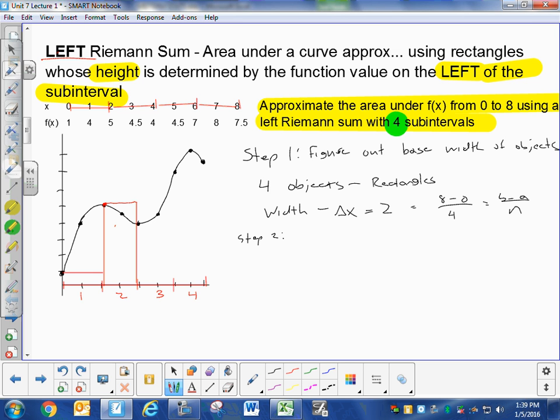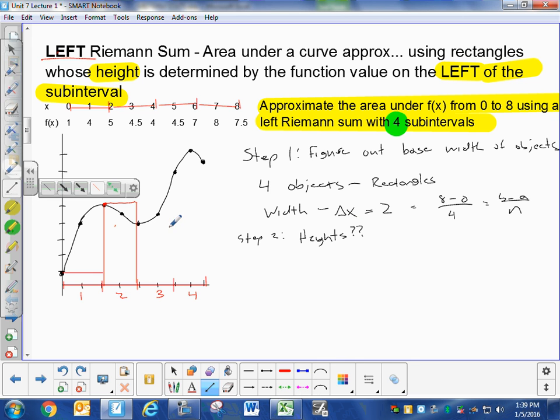I guess this is step 2, is to figure out your heights. For rectangle number 3, I'm going to go here, this height. And rectangle number 4, go all the way to the left and then up. This would be my height.